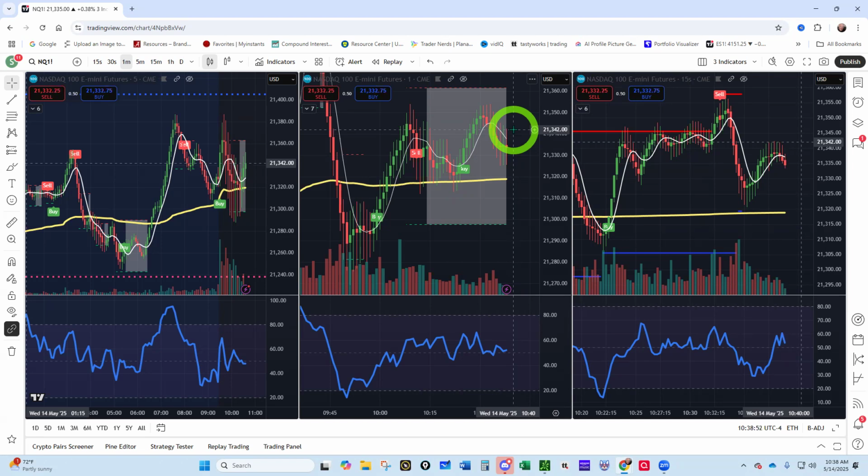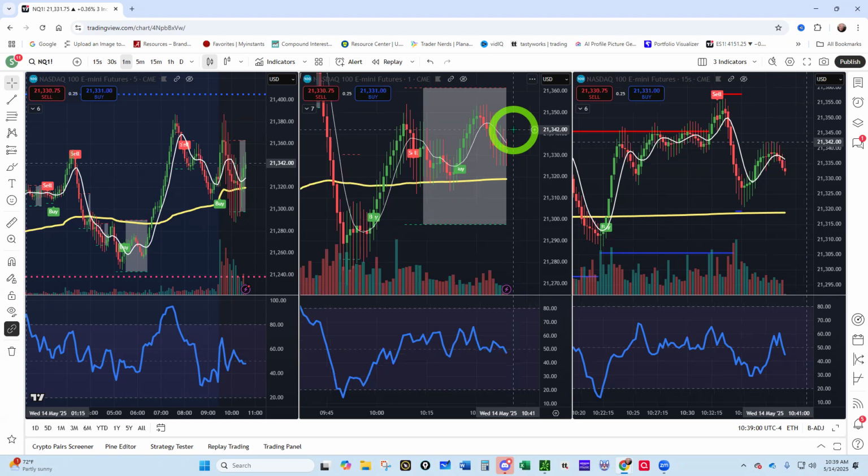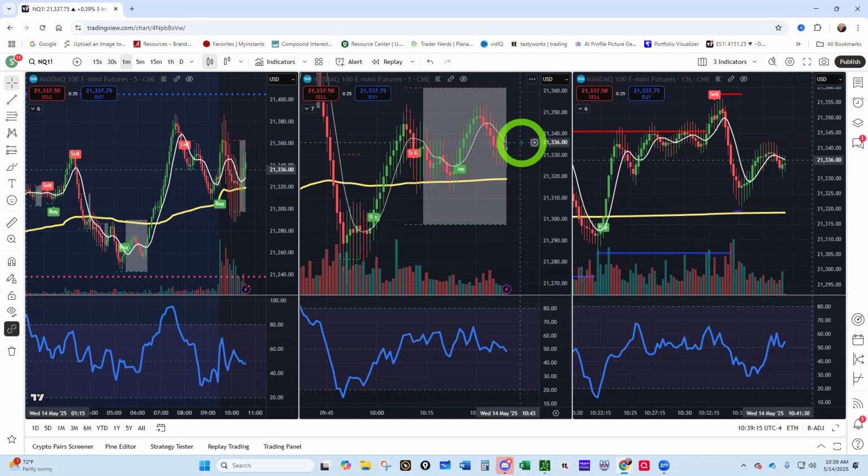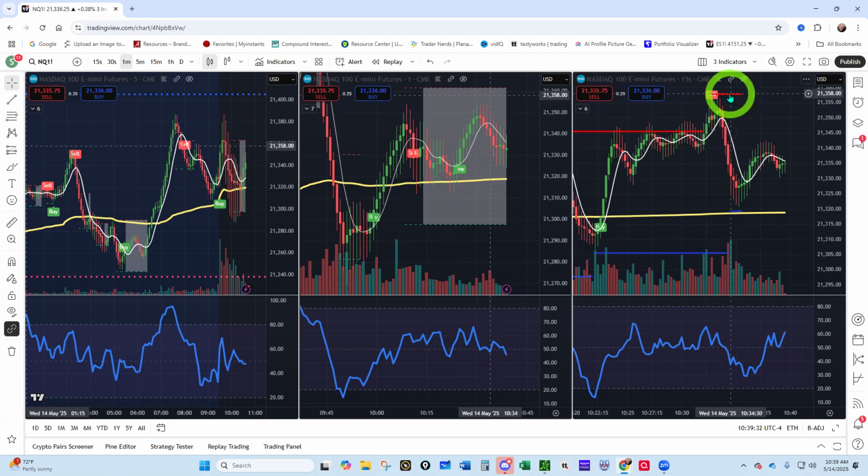Well, right now on the Qs, they're just trading right smack dab on top of the VWAP. Man, that would have been a good sell off the 15 there at that area of resistance.